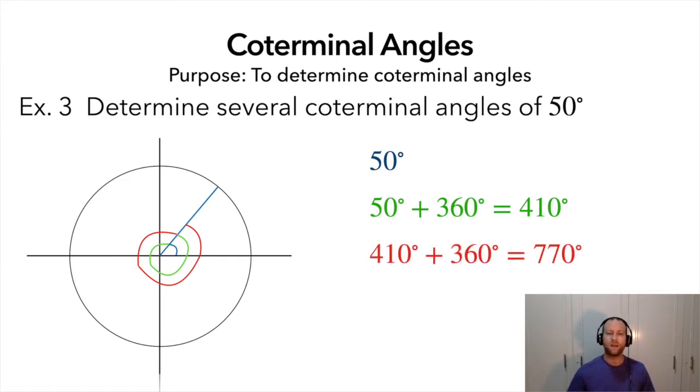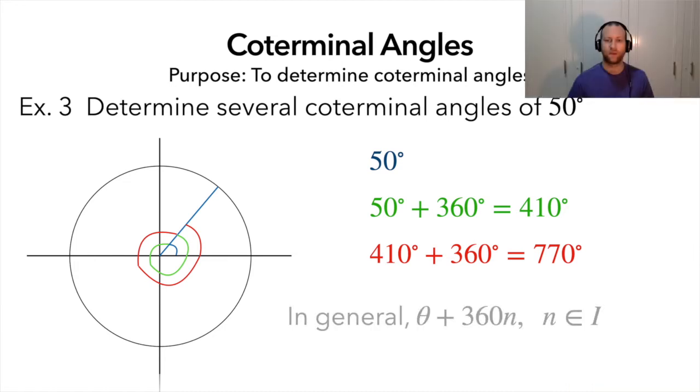So notice all I need to do is add 360 degrees to continue getting new angles. So in general, take your theta plus 360 degrees times n, where n is just some integer. Positive 1, positive 7, negative 200, those are all integers, and each of those will give you a coterminal angle.